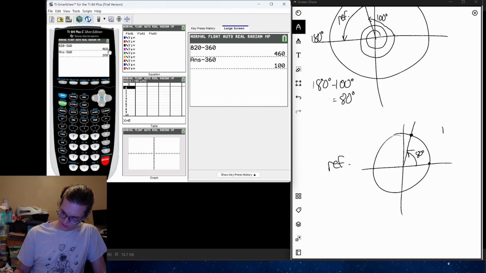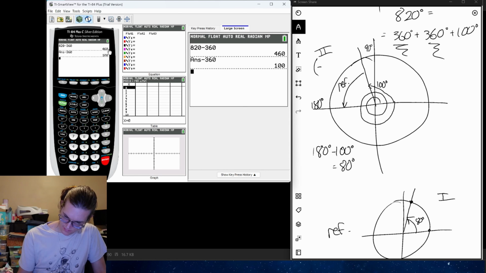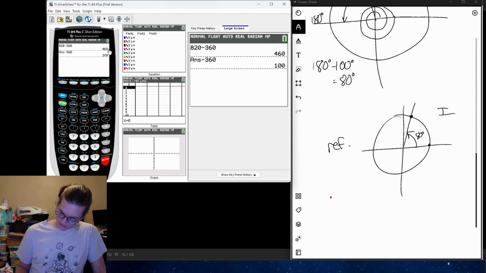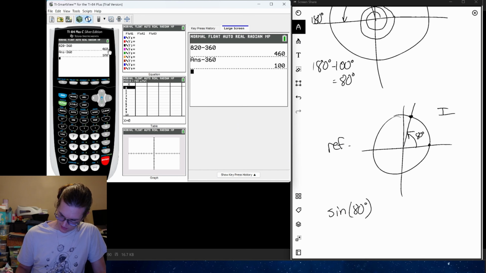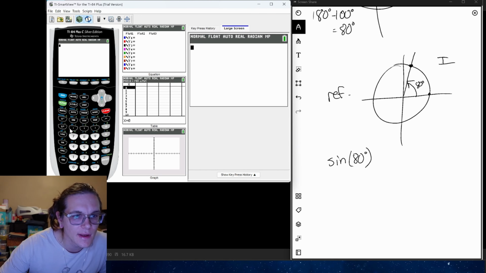Okay, quadrant 1. And then we have to apply the quadrant 2 sign, which is minus plus. And we'll have 80 degrees, the coordinates there. Say hypothetically we wanted to know the sine of 80 degrees. Let's look at this: sine of, what am I in?